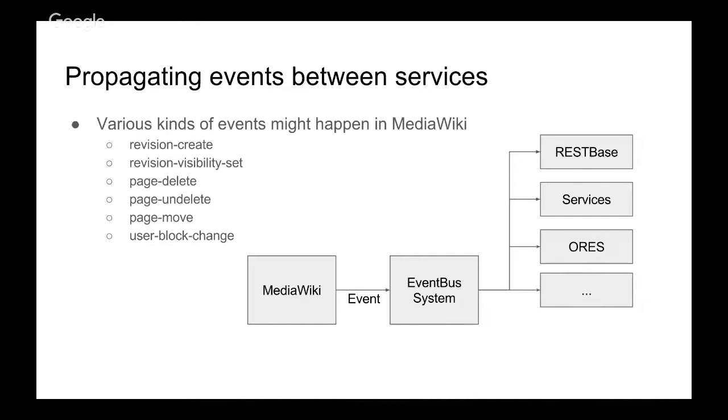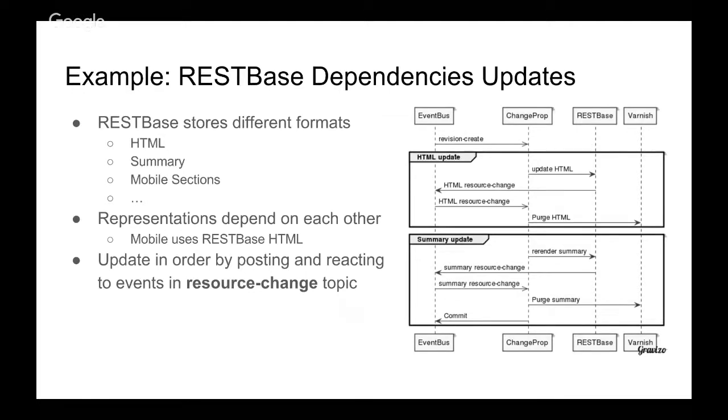And currently we built this system which is called event bus and change propagation. And I want to make a brief introduction to what that is and what it can do for you. So currently MediaWiki posts events to this system when a revision is created, pages are deleted, undeleted, moved, or a user is blocked, and we can add more and more events.